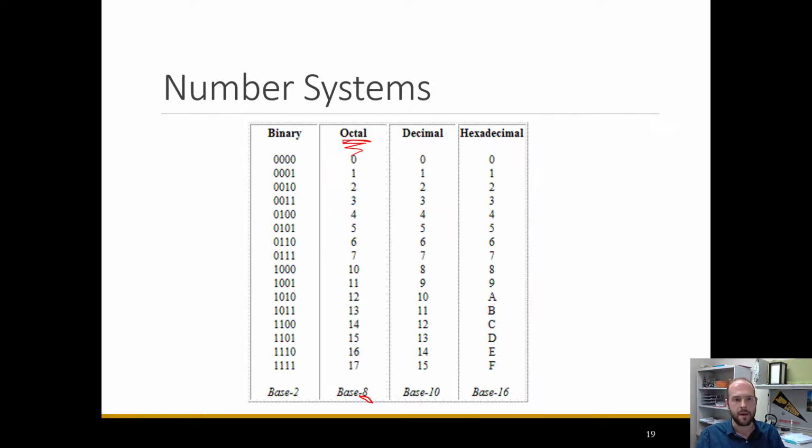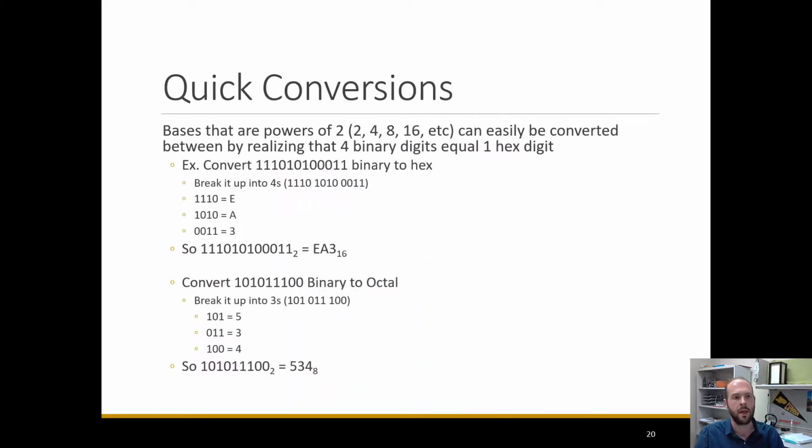Binary has the base of 2, and hexadecimal the base of 16. They have that base of 2 relationship in that every 4 binary digits represents 1 hexadecimal digit. So 4 ones give you F, 4 zeros give you 0. It maps directly binary to hex. And this is a very useful, quick conversion.